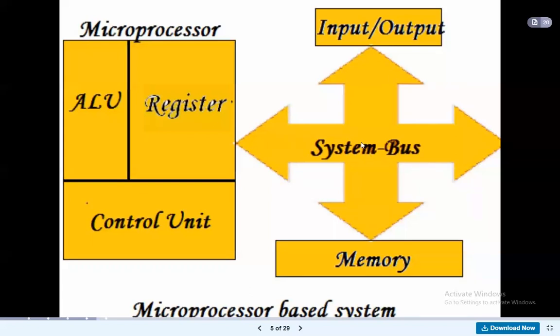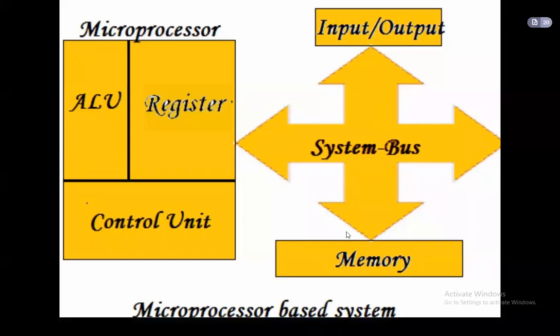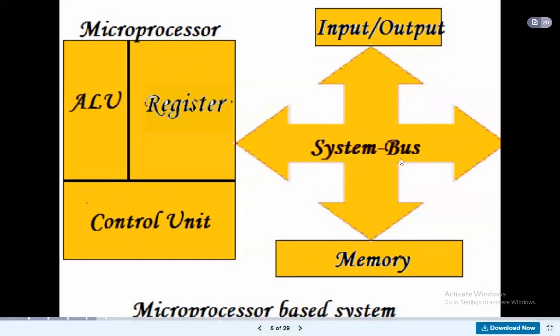So in that system bus, how does the transferring happen between input, output, and the computer memory? Whatever input you give to the computer goes to the system bus, transfers through the system bus, and reaches the memory.